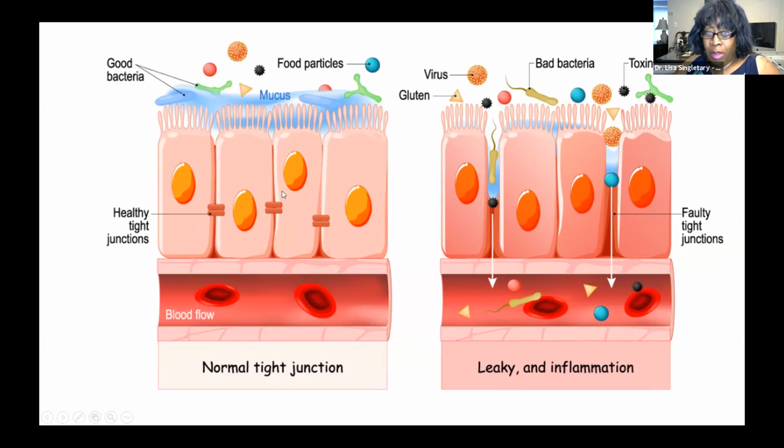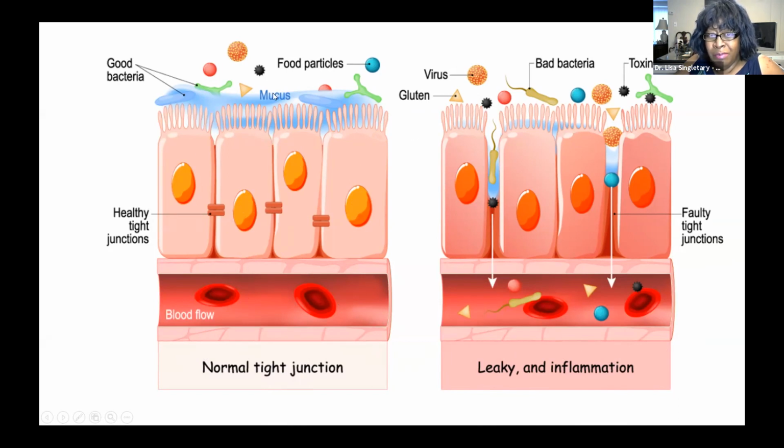And remember, right inside of that lining was our blood vessel, and it's not shown here, but also our lymphatics. Okay, now let's look over here at the leaky, inflamed gut lining. Well, what's happened? Our mucus production isn't so great.